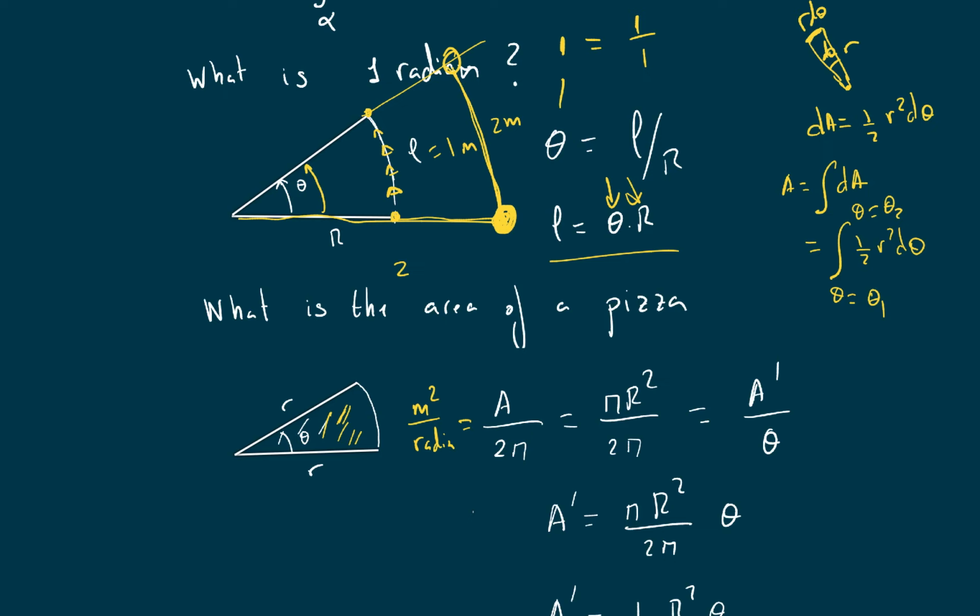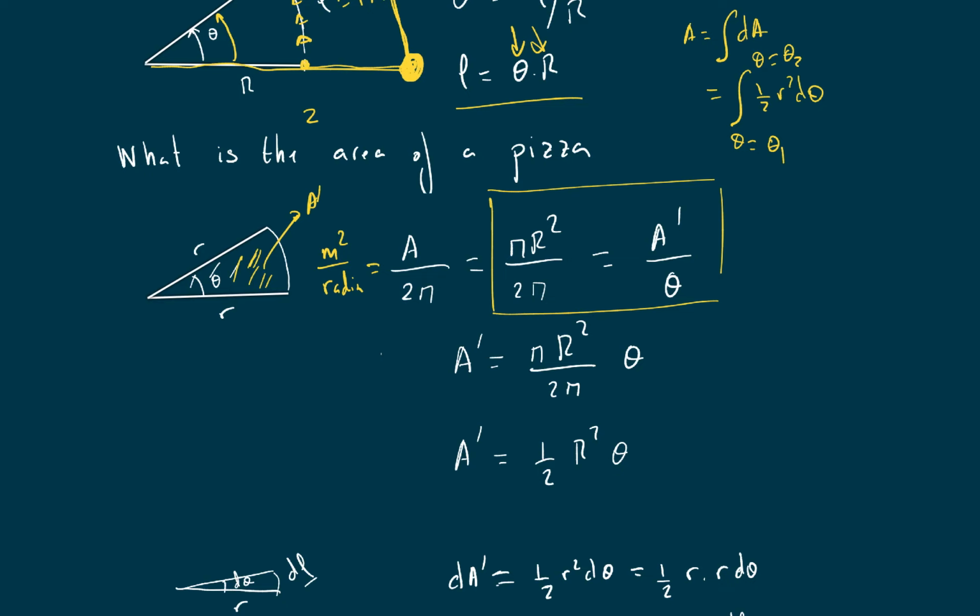So what I want to find is the area A prime that is here. And this relation allows me to solve for the area A prime. What is the area A prime? If I solve it, the area A prime will be pi r squared divided by 2 pi, times theta. So the pi will cancel with the pi, and the relation says the area is 1/2 r squared times theta.